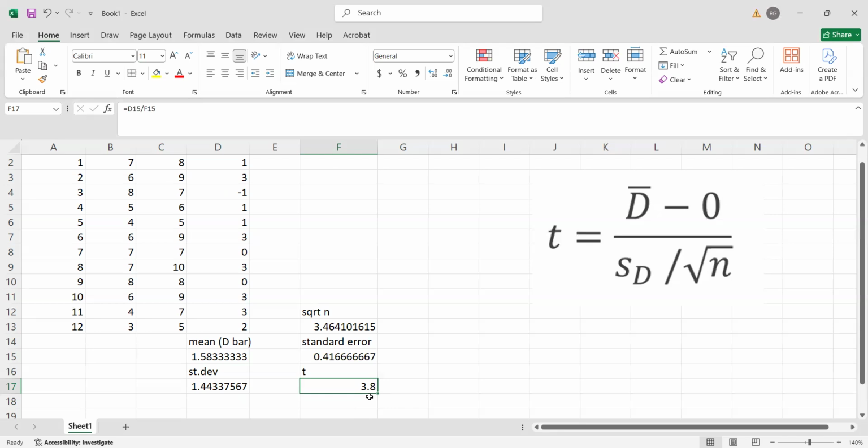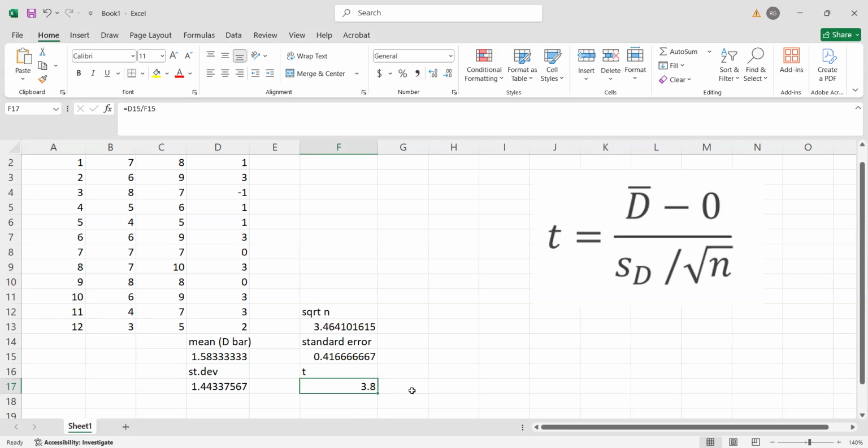We're going to have to look up in a t-table, depending on whether we have a one-tailed test or a two-tailed test. Also, going off of degrees of freedom, and degrees of freedom for a paired samples t-test is n minus 1. So 12 minus 1 is 11 degrees of freedom.